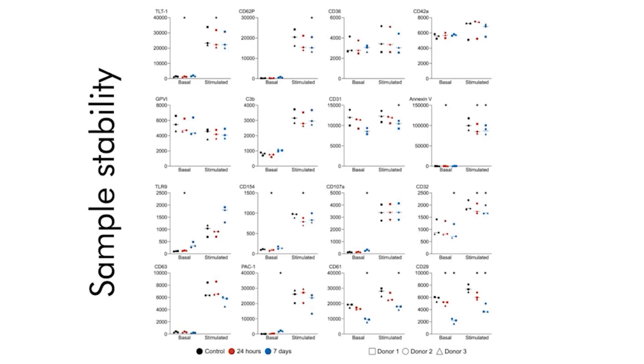And markers were generally very stable for 24 hours, but some show a loss of staining at 7 days, especially the APC and P tandems, and therefore we recommend sample acquisition within 24 hours.